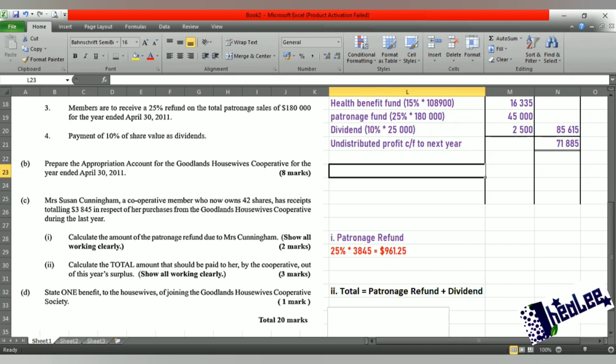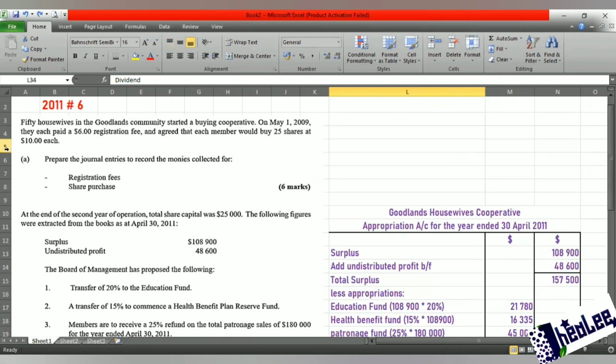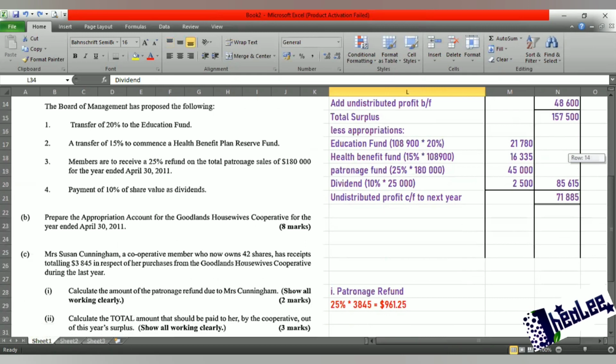Now we have to calculate the dividend. We pick up the 42 shares times the value per share, which is $10, from the intro to the question, and then we multiply that by the dividend rate of 10%.